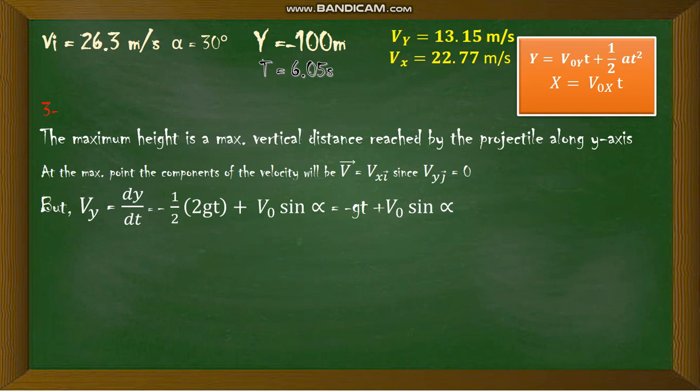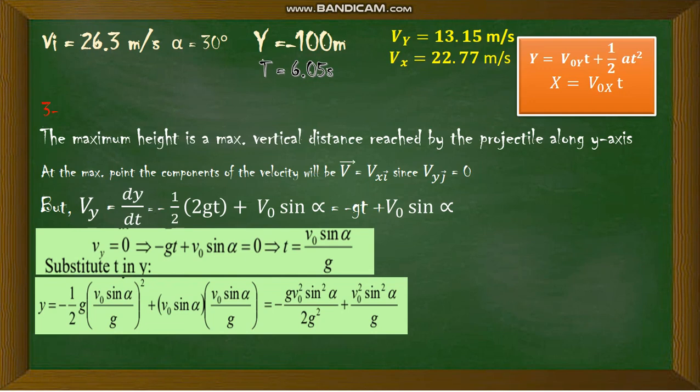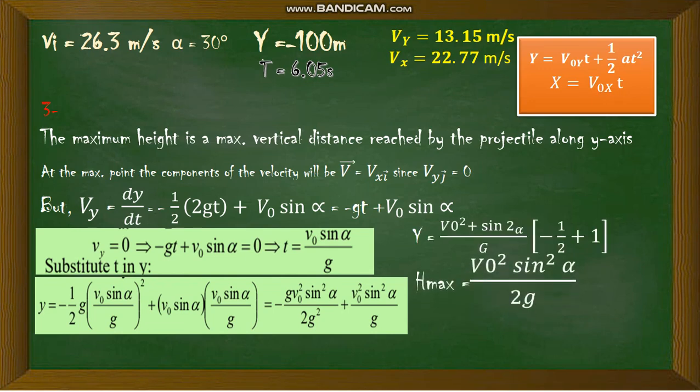So we set it equal to 0 after differentiation and we get the equation of time needed to reach maximum height. Then we substitute the equation of time in the parametric equation of y. And finally, we get the formula of maximum height equal to v0 squared sine squared alpha over 2g. And we substitute to get the same answer, 8.82 meters.